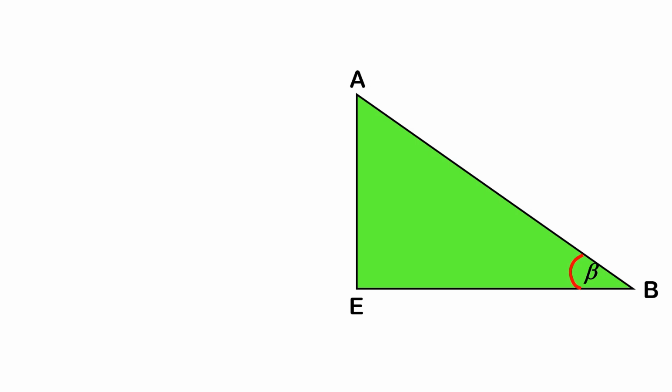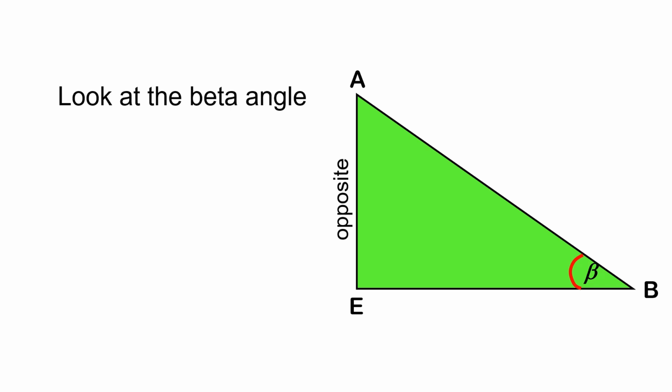Next, let's look at the other right triangle, ABE, with the intact angle being angle beta. Viewed from angle beta, side AE is the opposite and side AB is the hypotenuse.